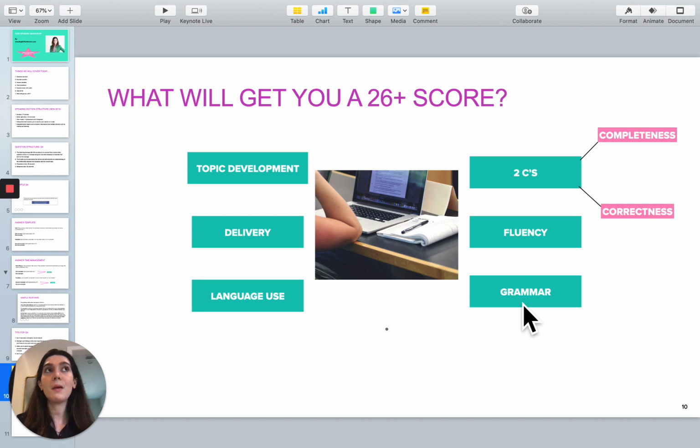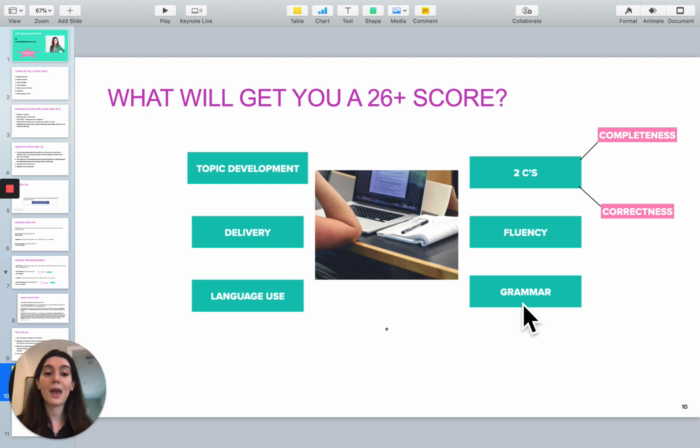Now, remember, if you make one very small mistake, like a singular plural mistake, and it's only one in a whole response, but other than that, you had amazing fluency, you were really good in topic development, you had amazing intonation patterns, your pronunciation was great, you used advanced vocabulary. If you did all of that and then you just had a slip of the tongue and said, instead of "students", "student", that's going to be okay. That's not a big deal.